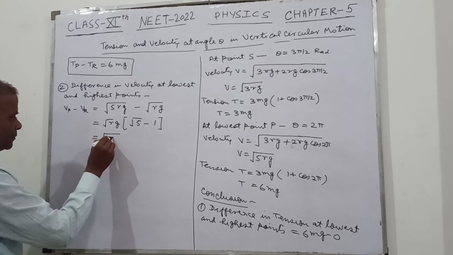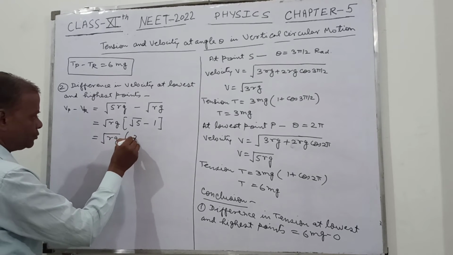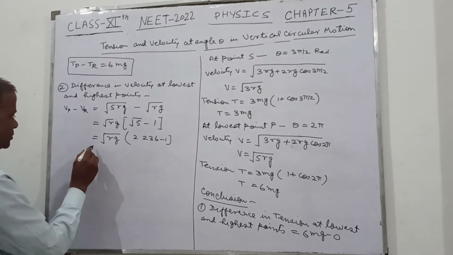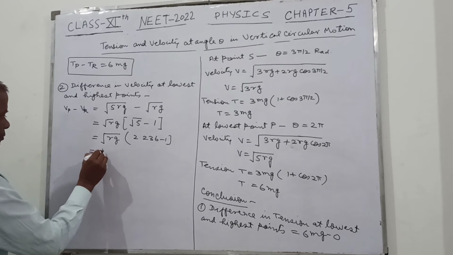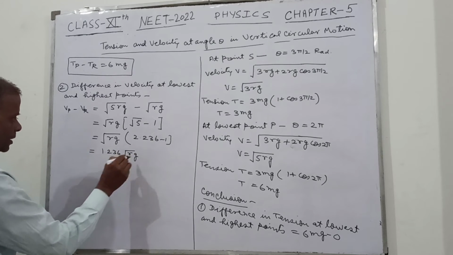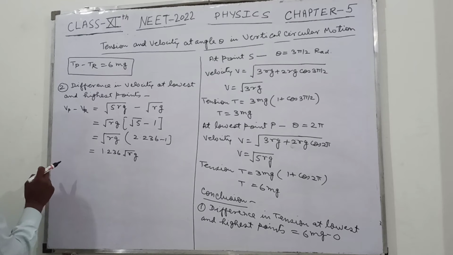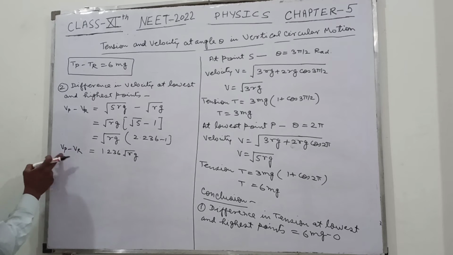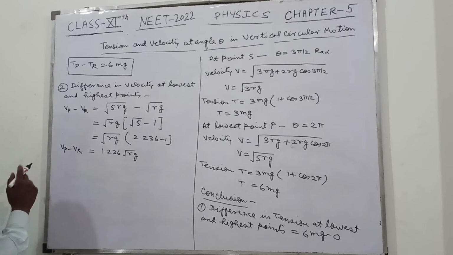Square root of Rg into 2.236 minus 1. So this is 1.236 into square root of Rg. This is what the difference in velocities. This is now Vp minus Vr. This is at lowest point, this is at highest point.